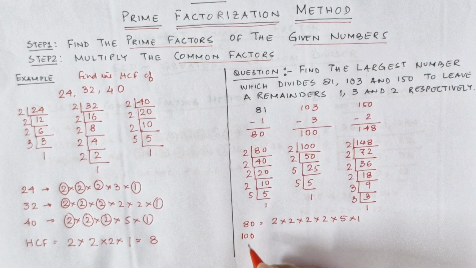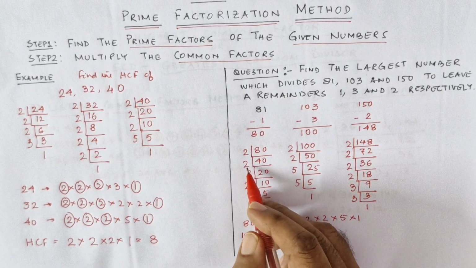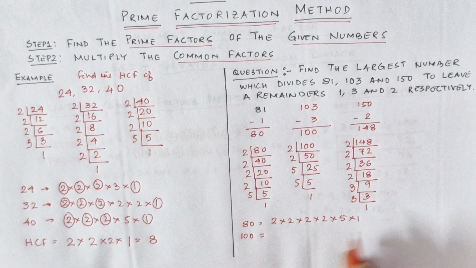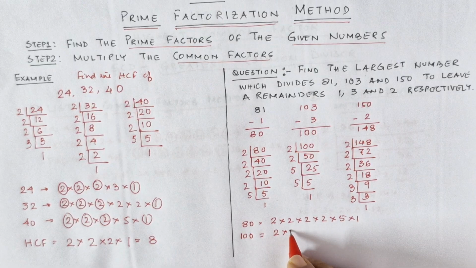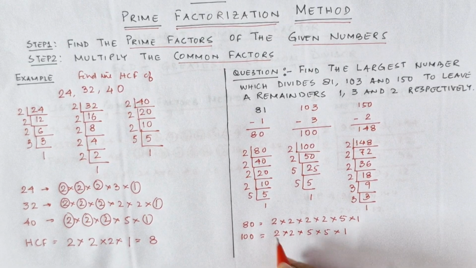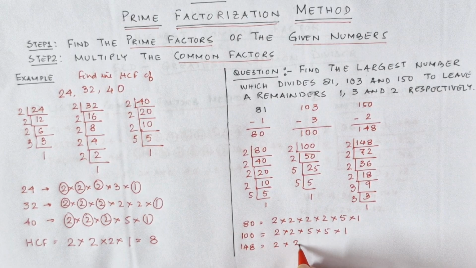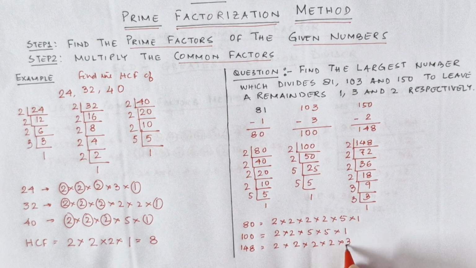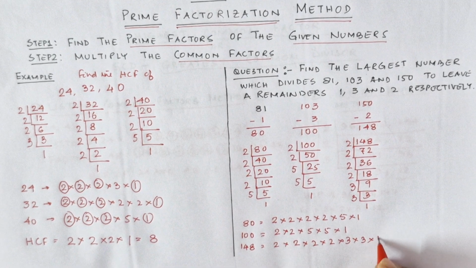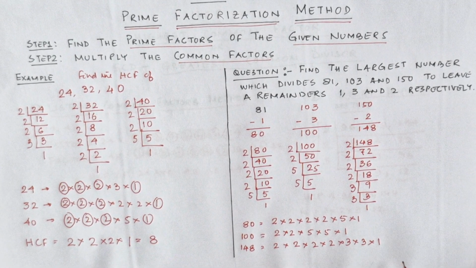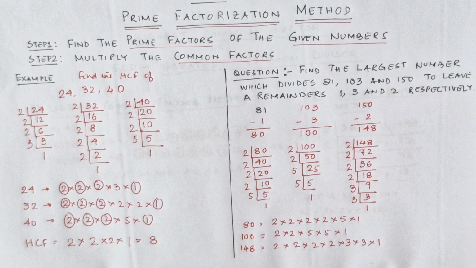For 100, this is 2 multiplied by 2 multiplied by 5 multiplied by 5 multiplied by 1. For 148, it's 2 multiplied by 2 multiplied by 2 multiplied by 2 multiplied by 3 multiplied by 3 multiplied by 1.